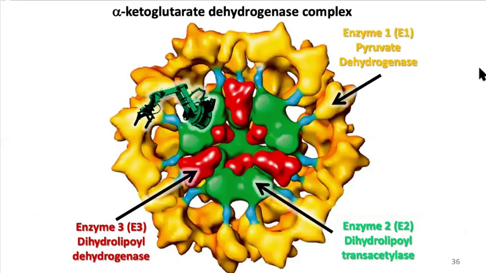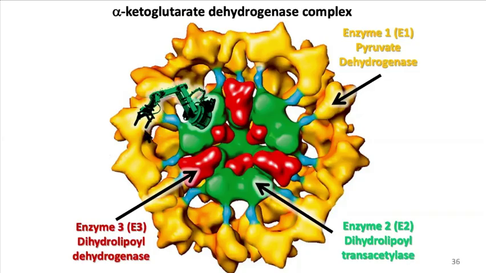Now, we already looked at this. The idea is that pyruvate dehydrogenase grabs pyruvate and NADH, and it passes an acetyl group over to lipoic acid, which is part of the green complex dihydrolipoyl transacetylase. It's going to transfer an acetyl group.